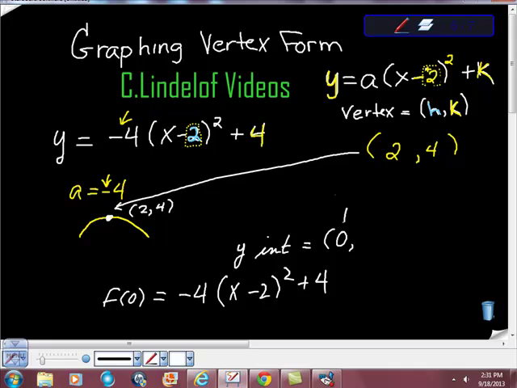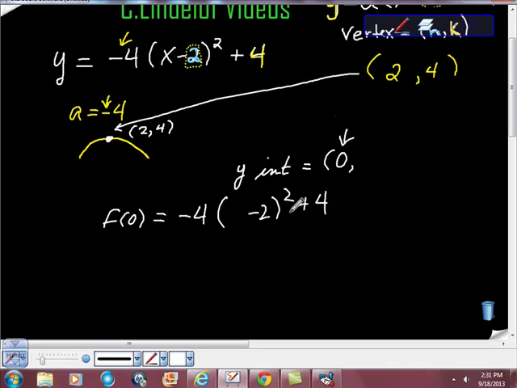We said that x would be equal to 0, so I'm going to replace that. 0 minus 2 is negative 2. Negative 2 squared is 4. Negative 4 times 4 is negative 16. Negative 16 plus this 4 is equal to negative 12. Therefore, our y-intercept is the point (0, negative 12).